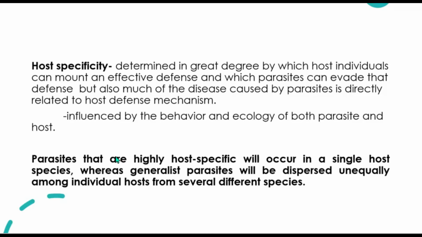So also, host specificity influences the behavior and ecology of both the parasite and its host. So the range and diversity of host species that a parasite is capable of infecting is considered a crucial measure of the parasite's potential to shift host and trigger disease emergence.